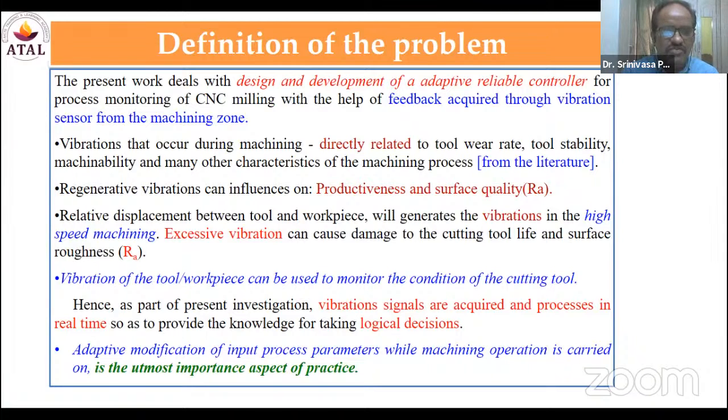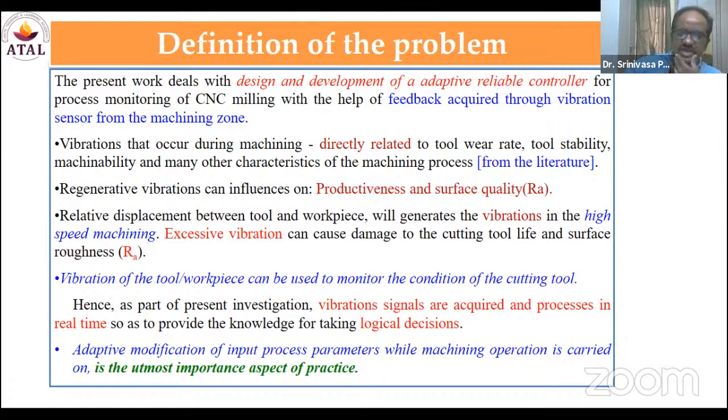ISO 10816-3. It is a standard which is ideally acceptable for assessing machining vibrations. ISO 10816-3 is exclusive for machining purposes. It suggests severity charts in terms of three different parameters.